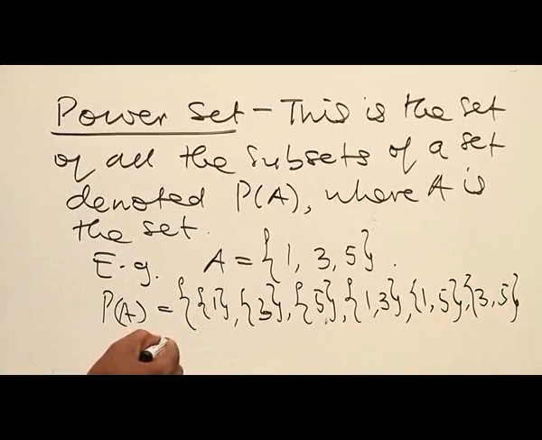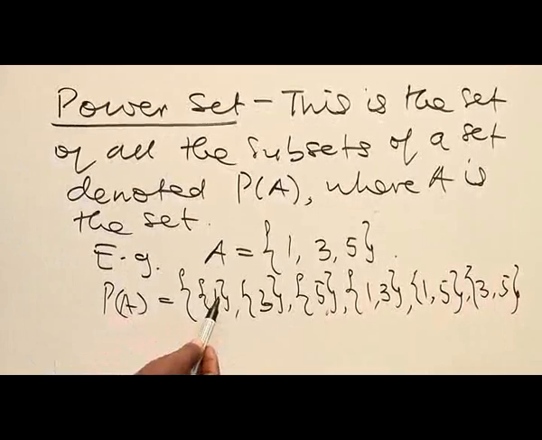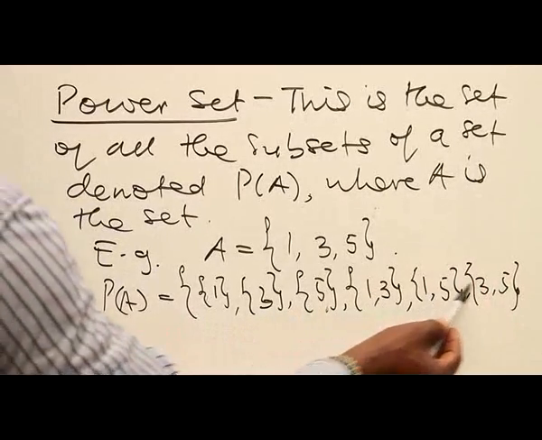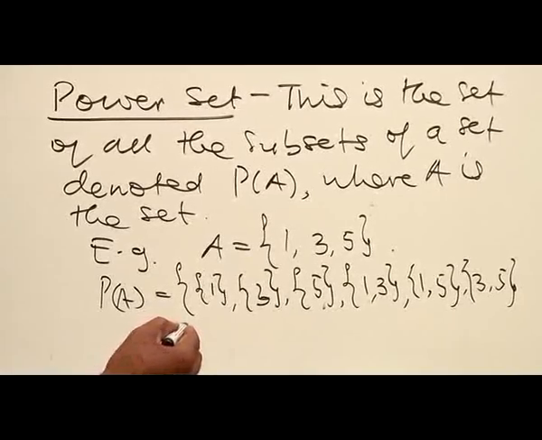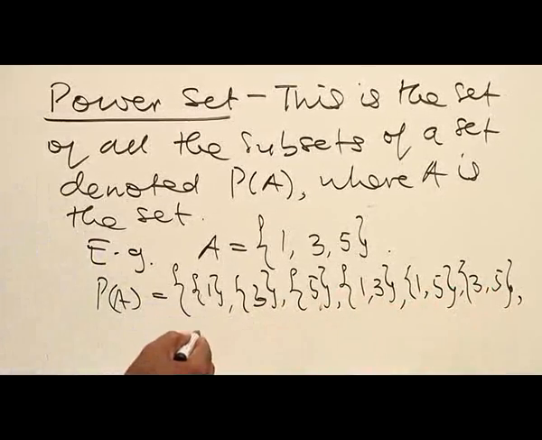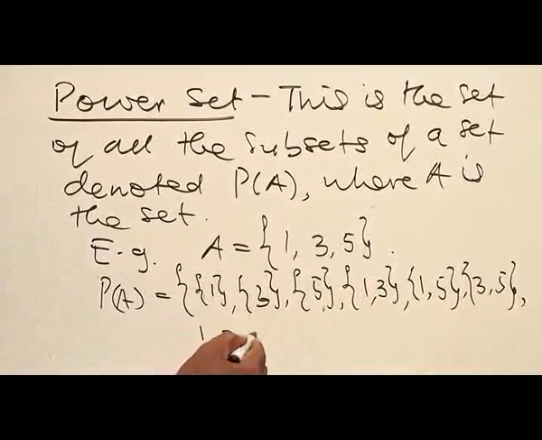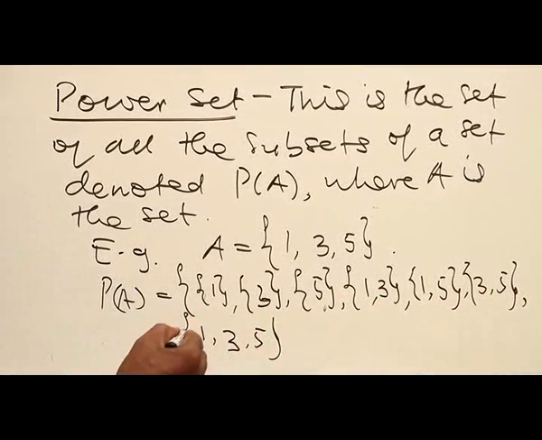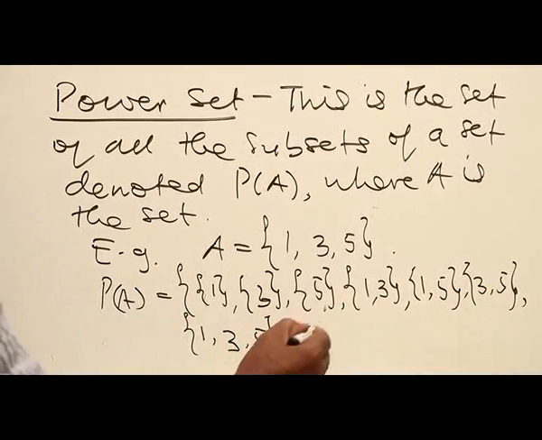Then, in this case, how many have we gotten now? 1, 2, 3, 4, 5, 6. Then we also have that 1, 3, and 5 is a subset. And then finally, the empty set is a subset.